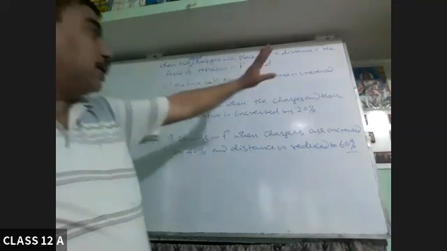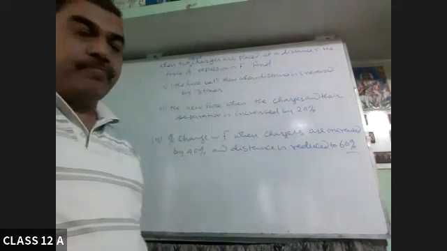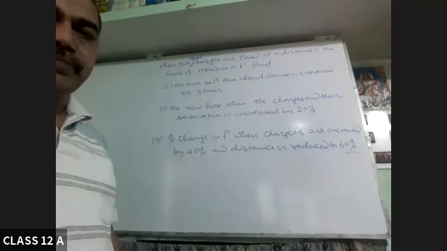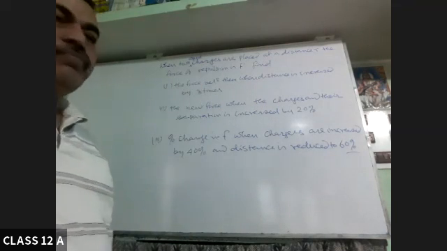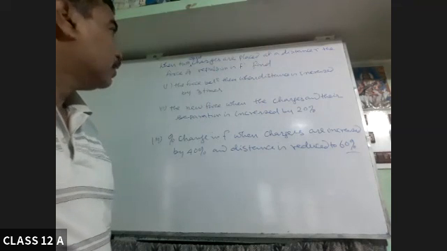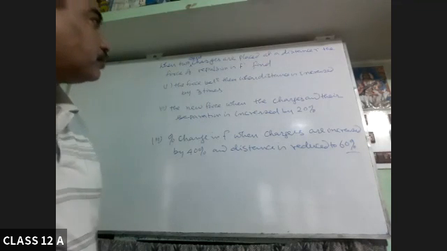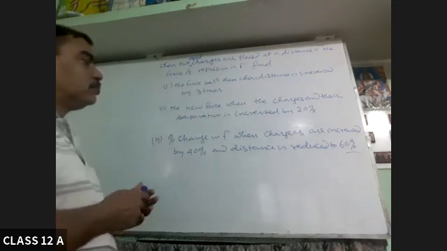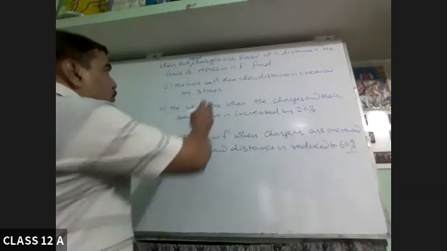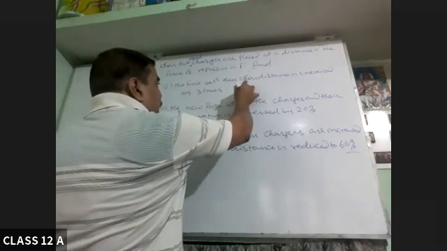So here nothing is mentioned about medium. So we'll take medium same. If something specially mentioned about medium, then only we'll change the medium. Here nothing is mentioned. So medium will be same. So in this case, what will be? This F is what? Suppose this K Q square over R square.